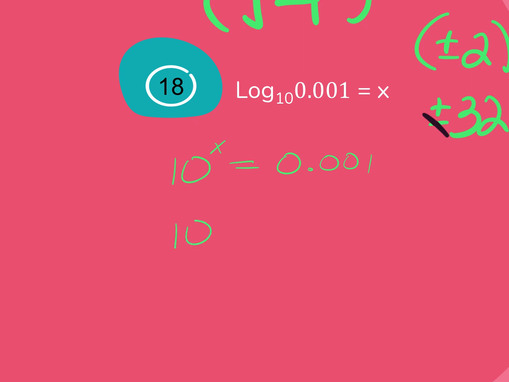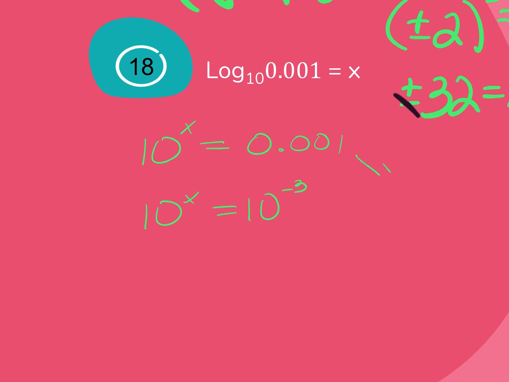So you can either change it so it's the same base. Oops, that should be an x. So 0.001 is 10 to the negative 3. If you would have preferred to make this 1 over 1,000 and then convert it to 10 to the negative 3, you can. My bases are the same, and x equals negative 3.